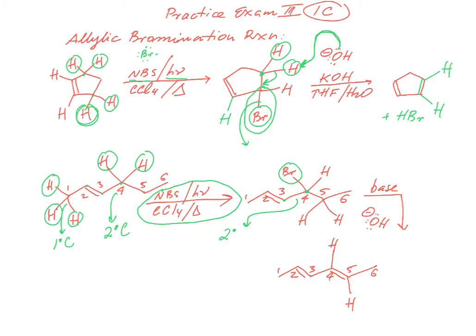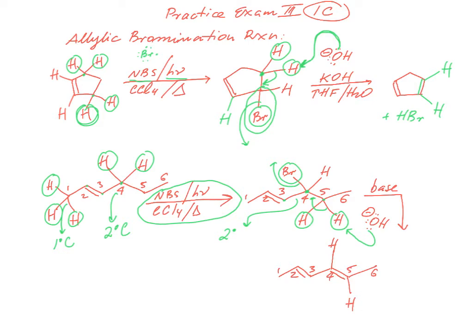And here we have secondary carbon with 2 acidic hydrogen atoms. Base will deprotonate alpha carbon. This bond will break, will form the pi bond, and the bromide will be expelled, giving us conjugated diene.